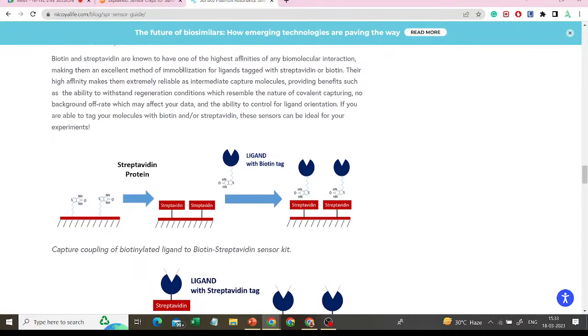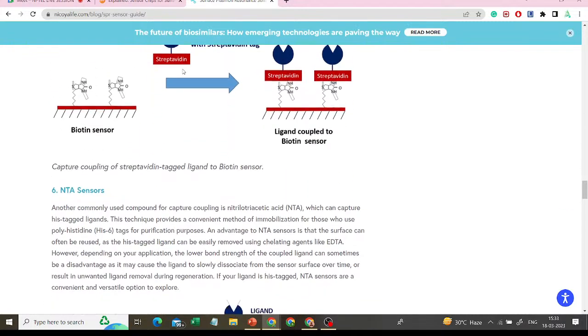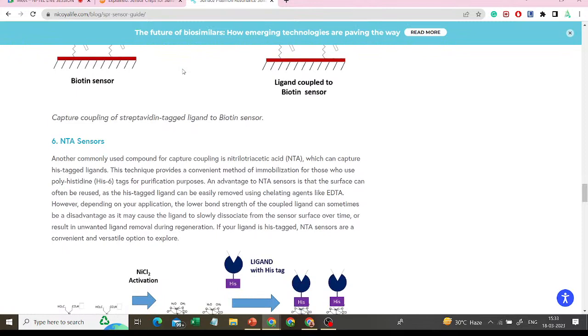Similarly, there are the NTA sensors, which are used for his-tag proteins.